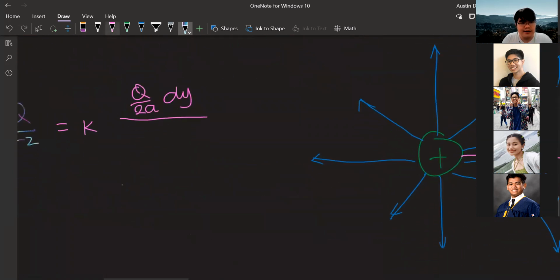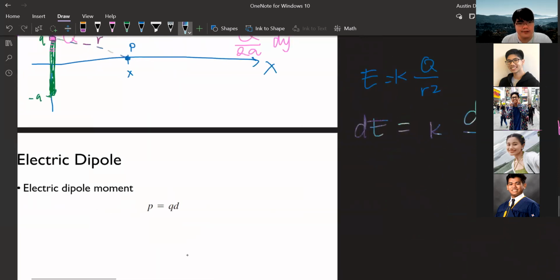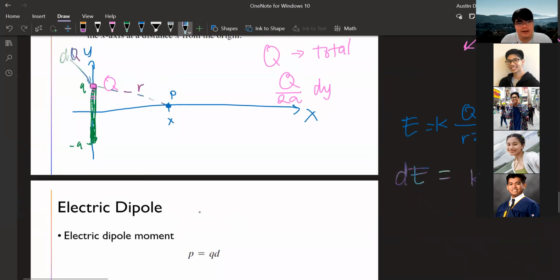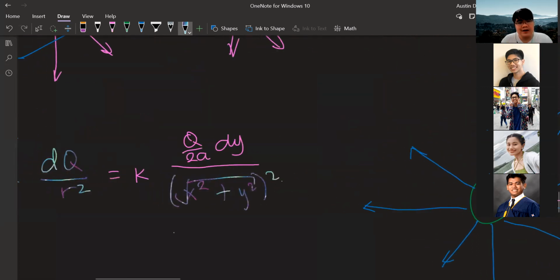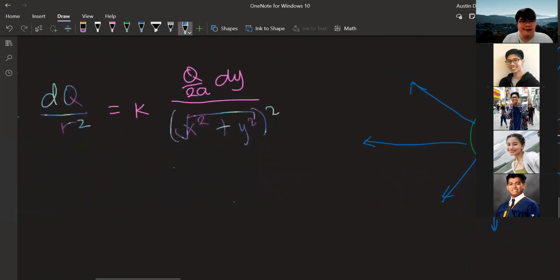So si R squared ay x squared plus y squared. Pythagorean theorem lang. Kasi x squared, y squared, tapos yung r would be the square root of that, tapos naka-square, magka-cancel lang.